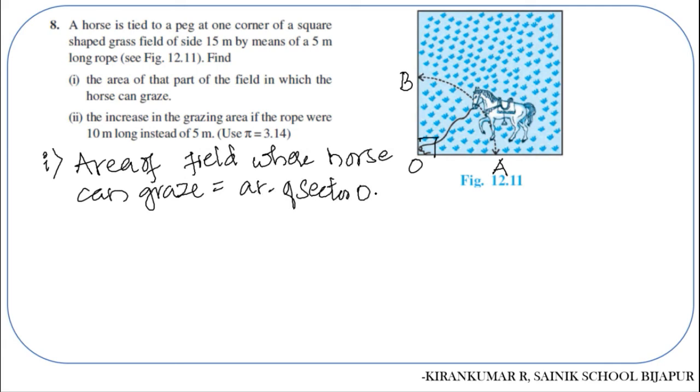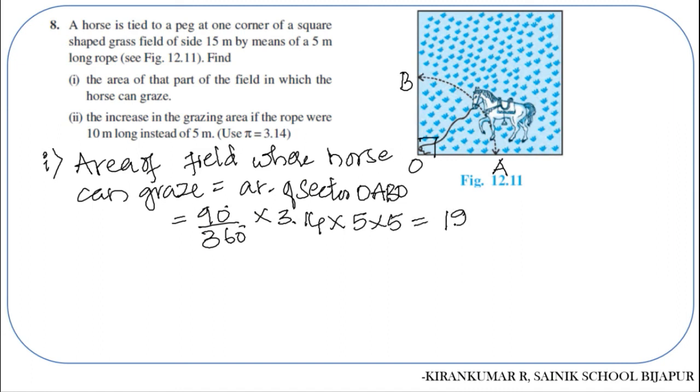I'll name the sector as OABO. Here it is 90 degree upon 360 into pi r square. Pi value is 3.14, r square is 5 into 5. So we get 19.625 meter square area.